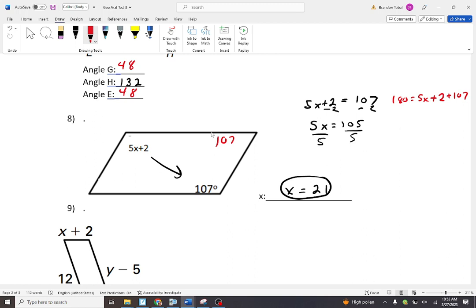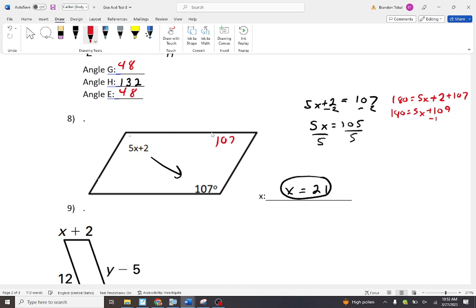In this case, I would write my setup like this, which is why I write it out in the previous question, even though it's obvious to subtract. Sometimes it's better like that. So 180, I'm going to combine like terms: 5x plus 109. Nicole asked a good question. This will help because the angle could be on the top right also, and they have been in homework questions, so you should be ready for something like that.